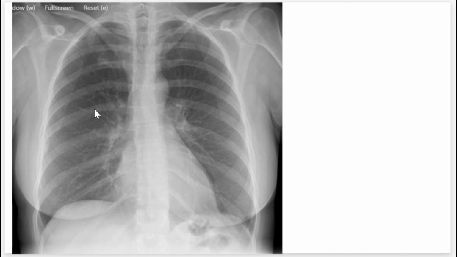There is fracture of the right seventh rib, lateral aspect, laterally. Can you see this and this kind of stepping?